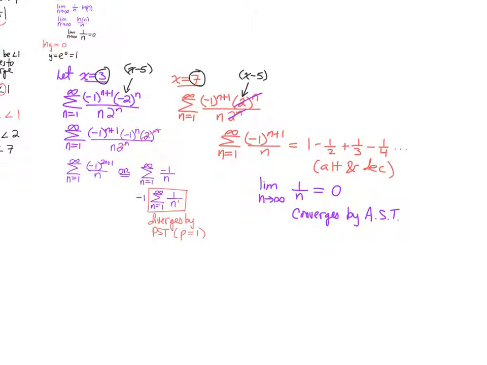All right, so when x was equal to 7, we got convergence. When x is equal to 3, we got divergence.